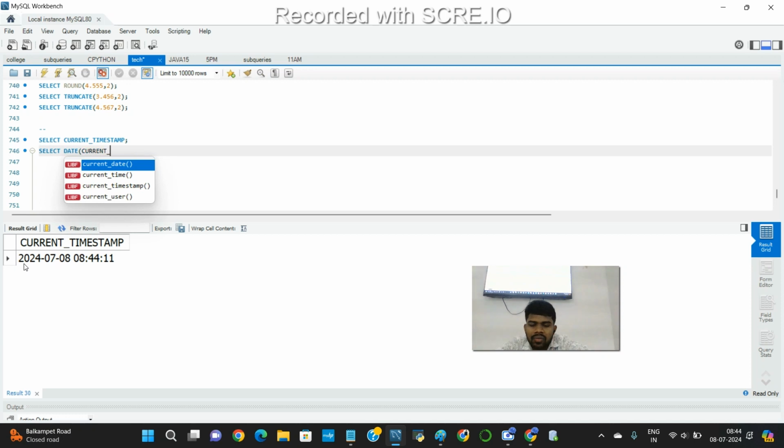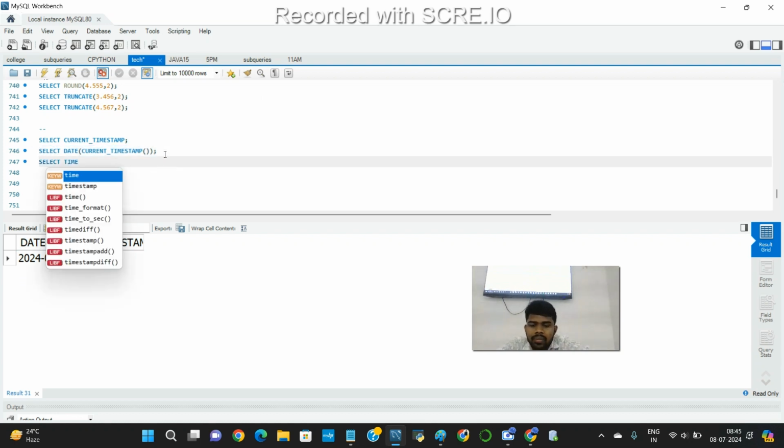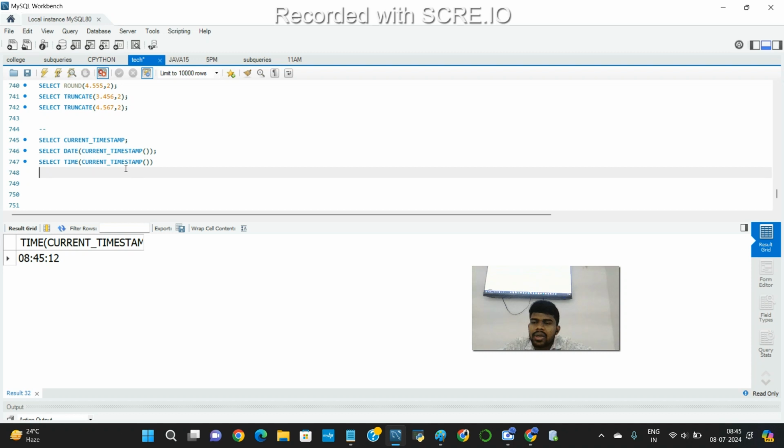So date of current timestamp will fetch the date only. I want to fetch only time. Select time, current, which is only time. Yes, it will fetch only time.